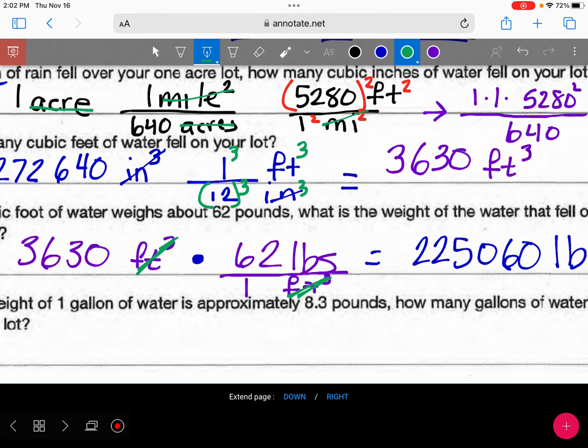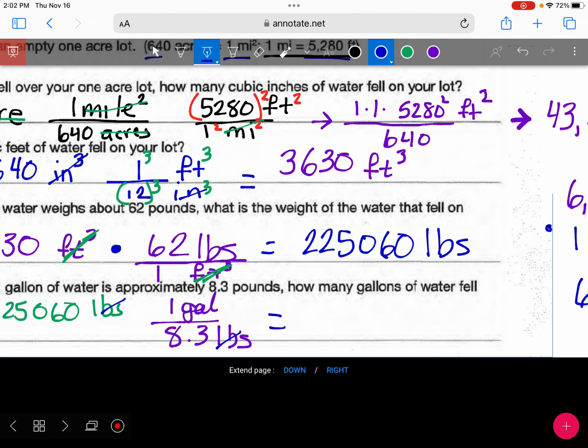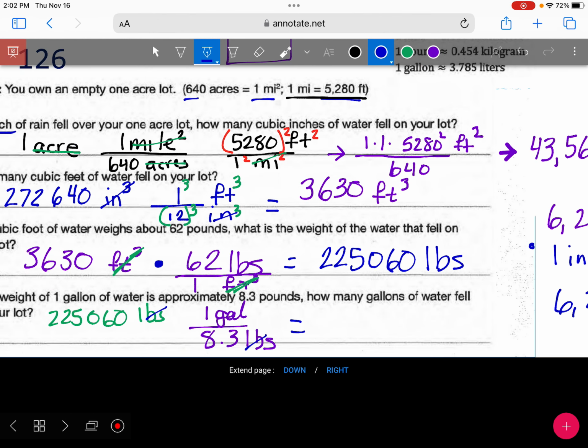So if we have 225,060 pounds, and I know that 1 gallon is 8.3 pounds. My pounds cancels out. And how many gallons would this be? Have you calculated? How many gallons is it going to be?